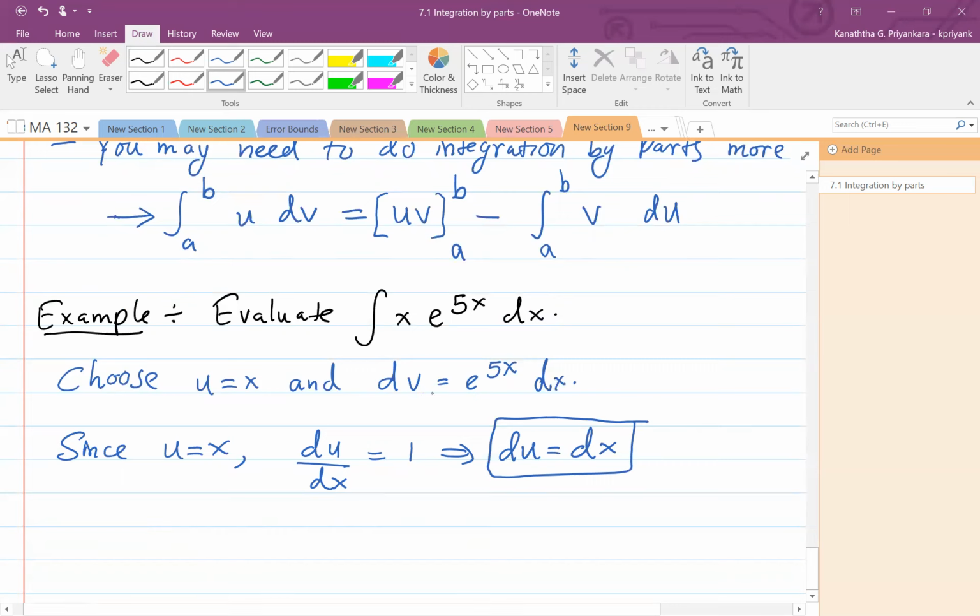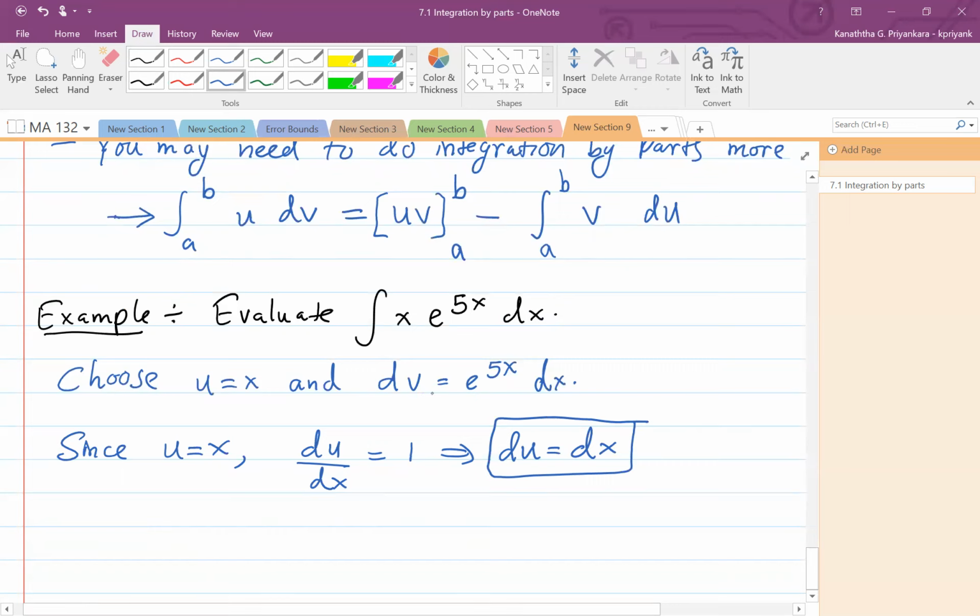Now using these two, we can compute du and v. Since u equals ln x, we take the derivative of both sides with respect to x. So we get du over dx, which equals the derivative of ln x, which is 1 over x. Then du is 1 over x dx. Now we know du, then we will compute v.